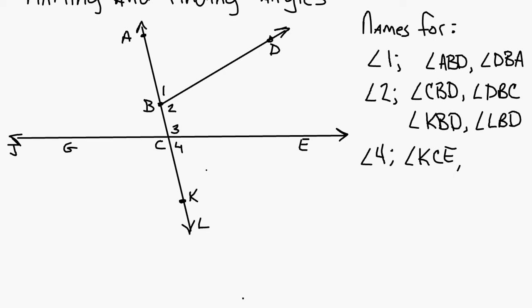Casey. ECL, good. Very good. ABD? Angle 3. No, KBD. KBD? No, that's angle 2.